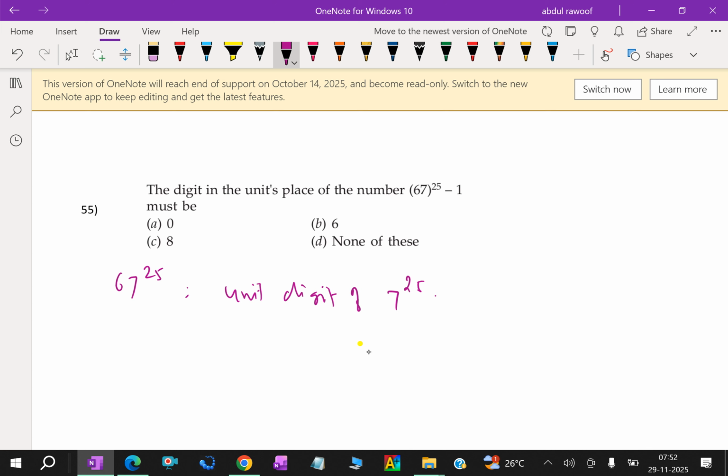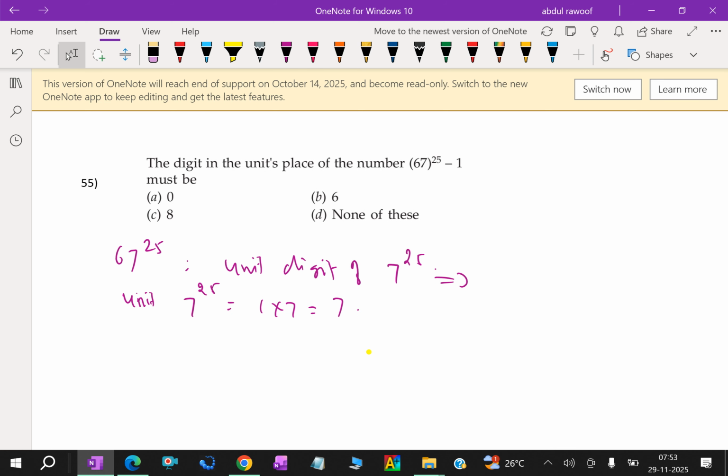Next one, unit digit of 7 power 25, which is equal to 1 into 7, which is equal to 7.